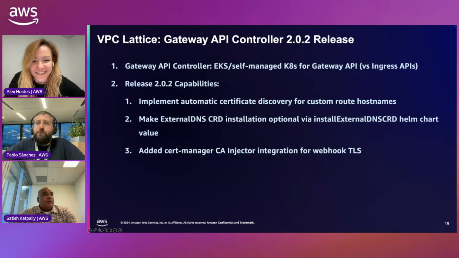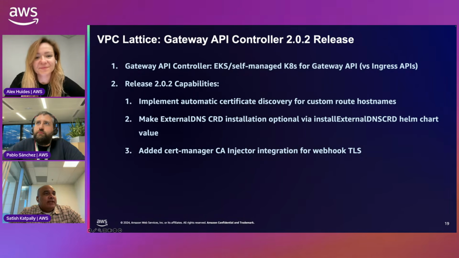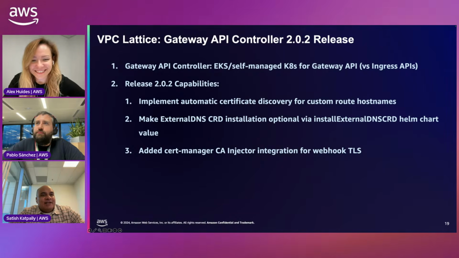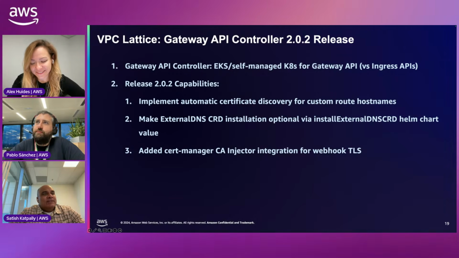I quickly wanted to focus on the controller itself, right? We are at the 2.0.2 release, and we have added a bunch of different things in that. Releases are continuing, and we plan to do a monthly cadence on this. The cool thing to look at in 2.0.2 was the automated certificate discovery.